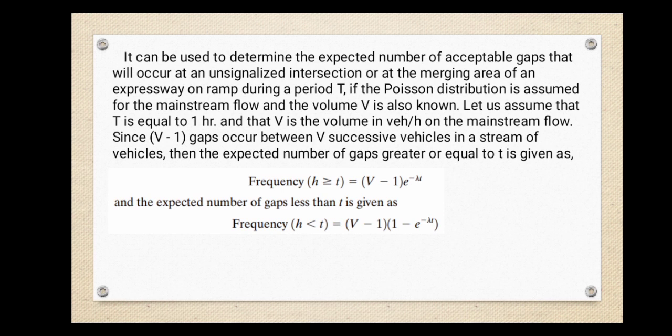Since V minus 1 gaps occur between V successive vehicles in a stream of vehicles, then the expected number of gaps greater than or equal to T is given as: frequency is equal to V minus 1 times e to the power of negative lambda times T. And the expected number of gaps less than T is given as the frequency of h less than T is equal to V minus 1 times 1 minus e to the power of negative lambda times T.